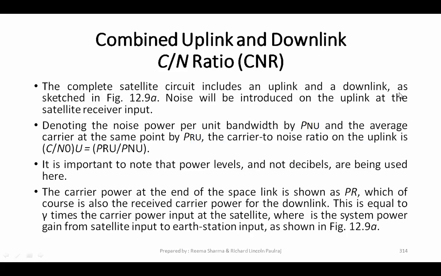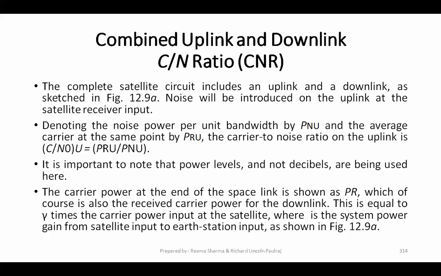We cannot have a circuit which does only the uplink operation, or one which does only the downlink operation. We need a combination of both. We need the base station as well as the satellite receiver, where the signals transmitted from the base station travel and reach the satellite, and proper communication has to be done.